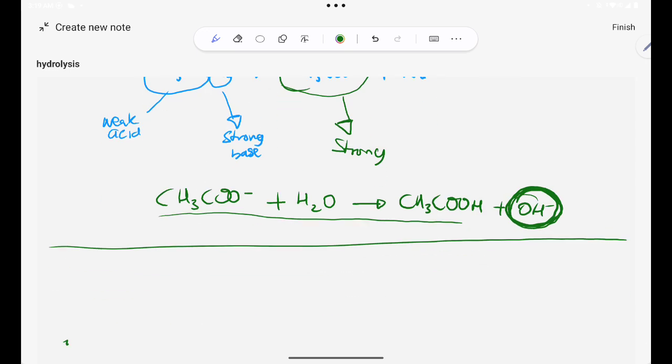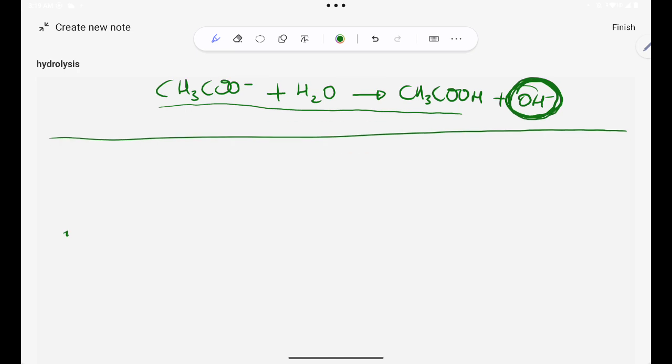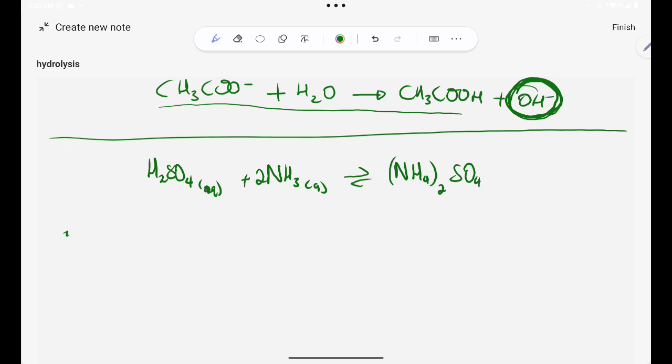Sometimes you have reactions whereby you have sulfuric acid in aqueous form, maybe with ammonia, NH3. This one is a gas. This will give us (NH4)2SO4, ammonium sulfate.